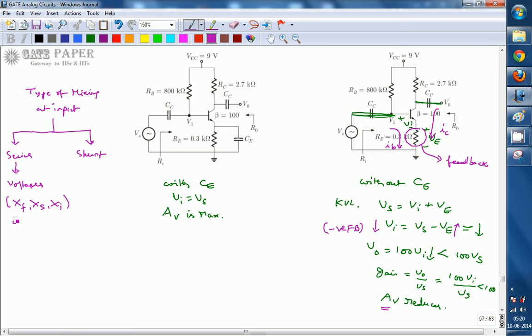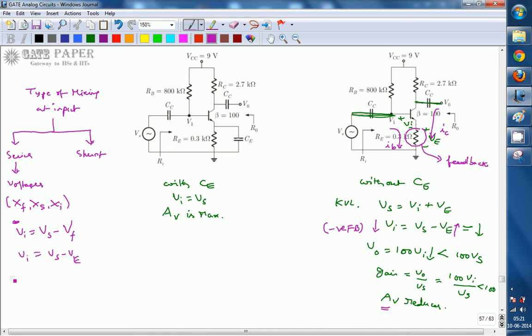All must be voltages, and at that time it is called series mixing. So in our case XF, XS, XI are all voltages, and we write Vi is equal to Vs minus Vf, that implies Vi is equal to Vs minus Ve. So this is series mixing.